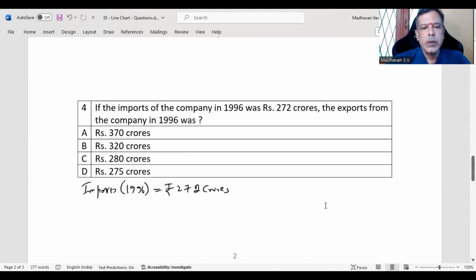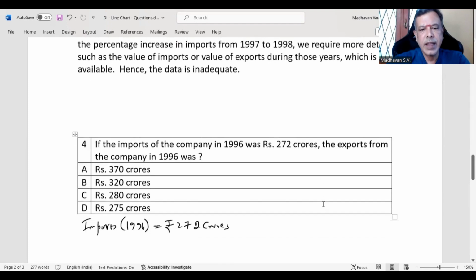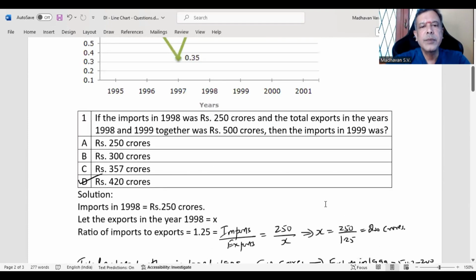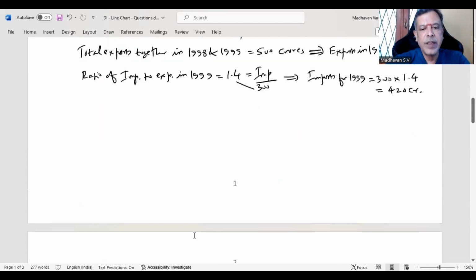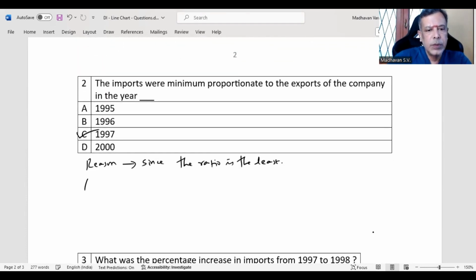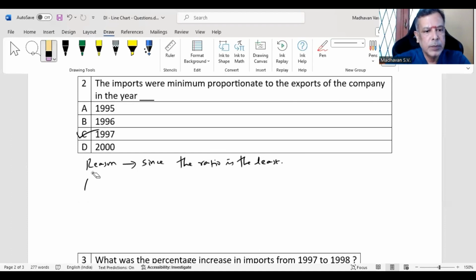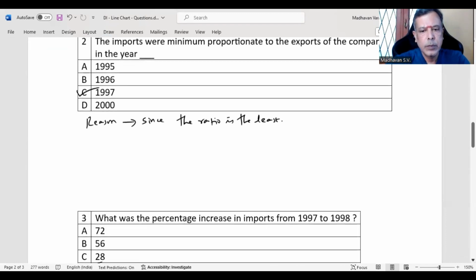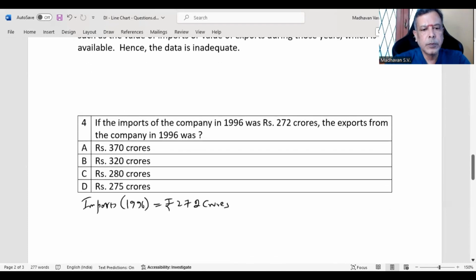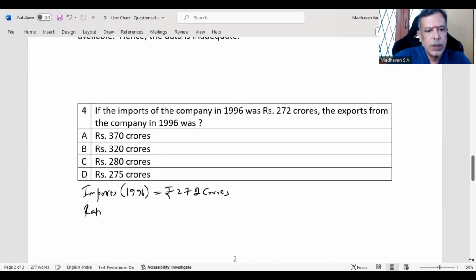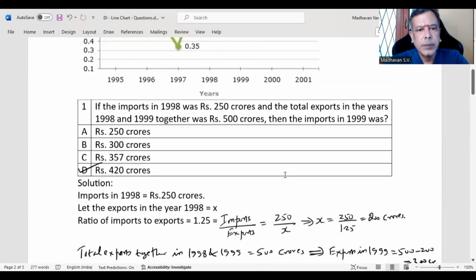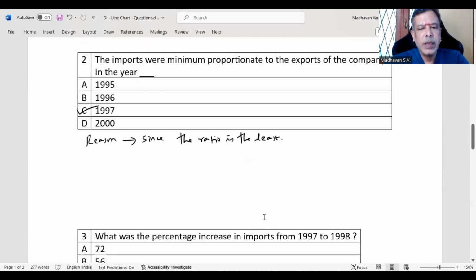The ratio of import to export for 1996, as you see in the graph, is 0.85.